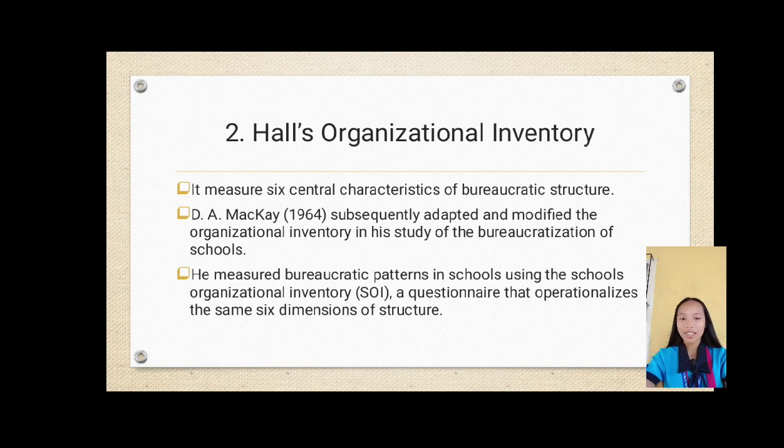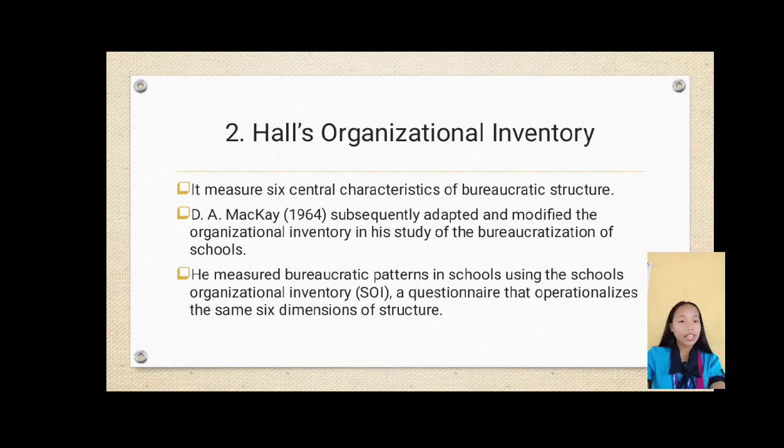D.A. Mackay in 1964 subsequently adapted and modified the organizational inventory in his study of the bureaucratization of schools. He measured bureaucratic patterns in schools using the School's Organizational Inventory, or the SOI, a questionnaire that operationalized the same 6 dimensions of structure.